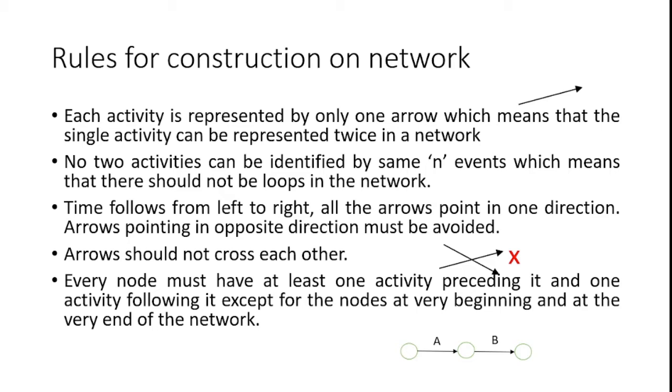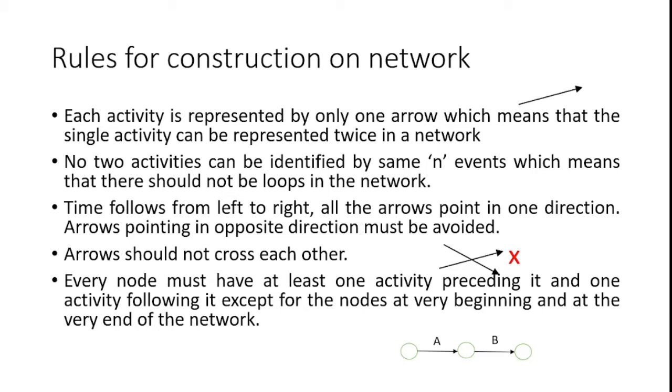Every node must have at least one activity preceding it and one activity following it, except for the nodes at the very beginning and at the very end of the network. At the end of the network there is no need for a following activity, and at the beginning there is no predecessor of that activity.